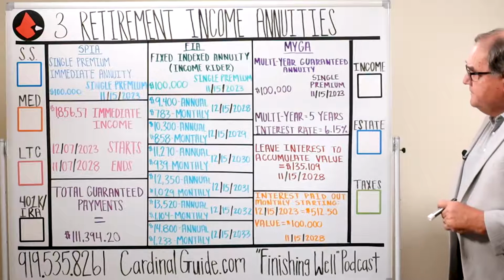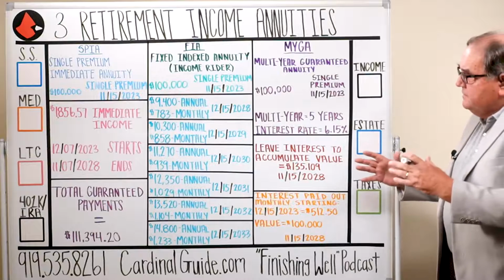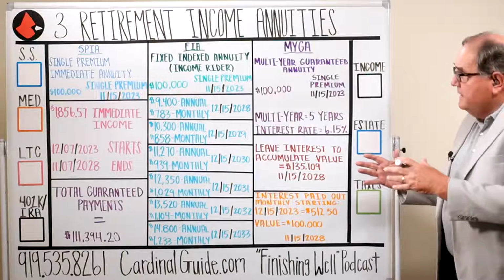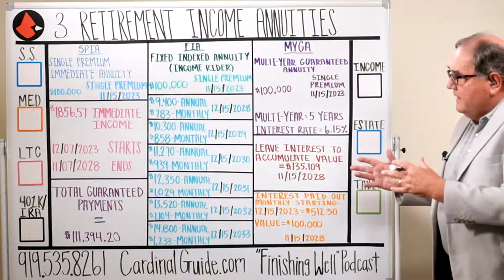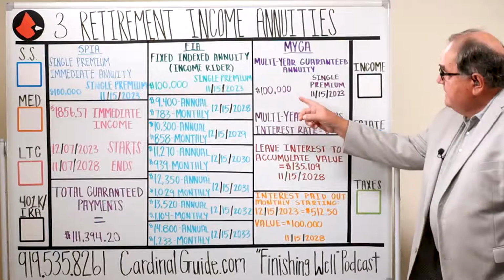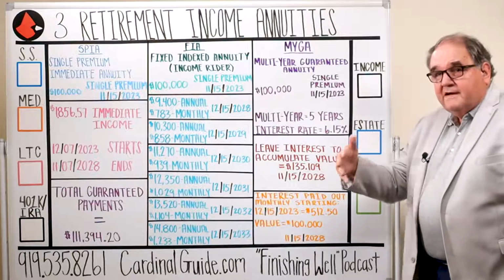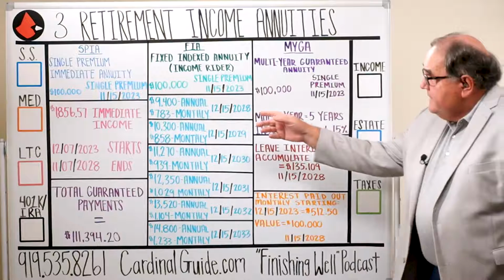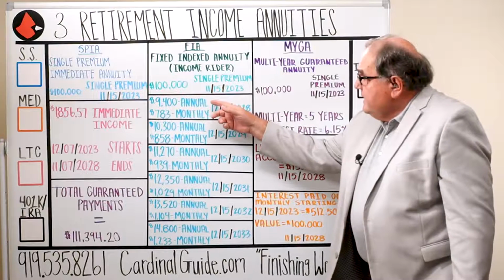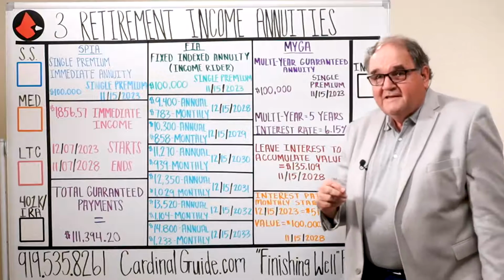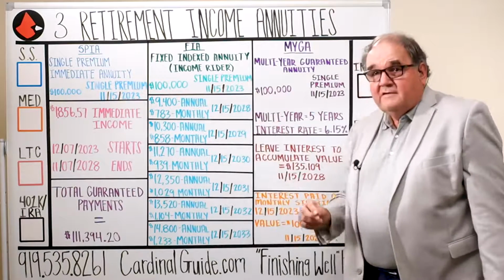Yeah, okay. And these are just 3 of the tools we use, but these are the ones we use the most frequently. And with many of our clients, they're buying multiple MIGAs in different denominations. And then many of them are buying multiple fixed indexed annuities with an income rider.